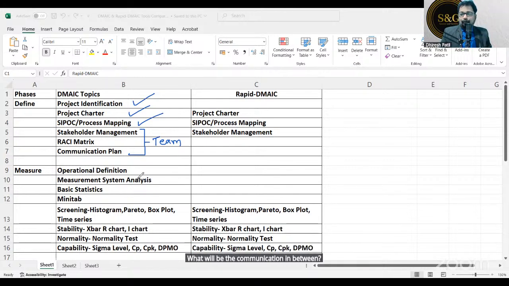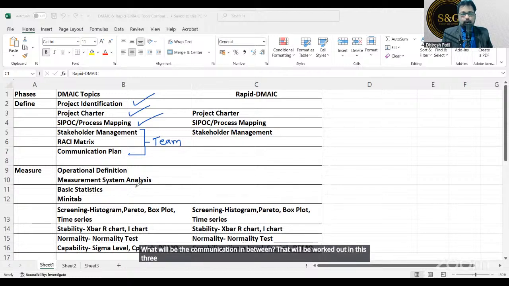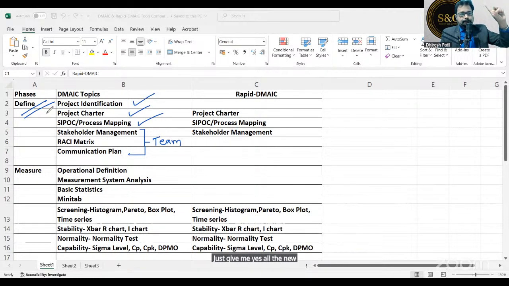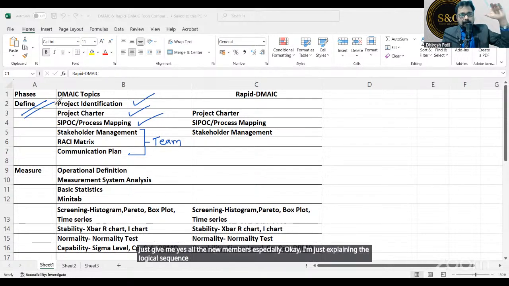That will be worked out in these 3 tools, and this is done in the define phase. Clear everybody? Just type yes in the chat box. All the new members especially. I'm just explaining the logical sequence. Clear till here?